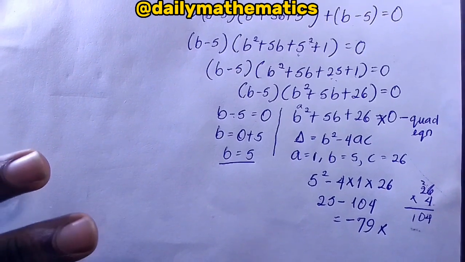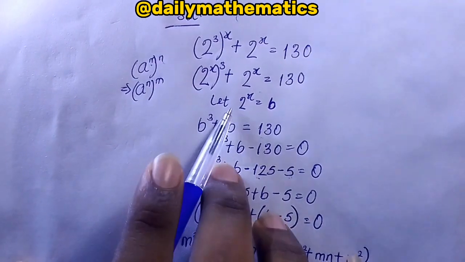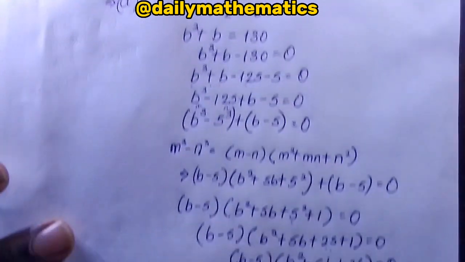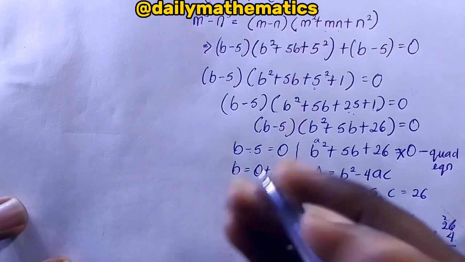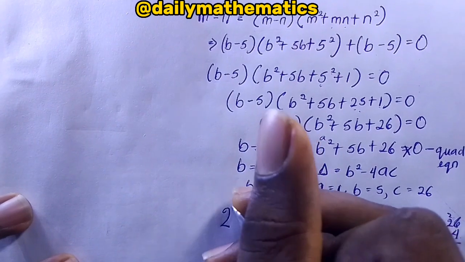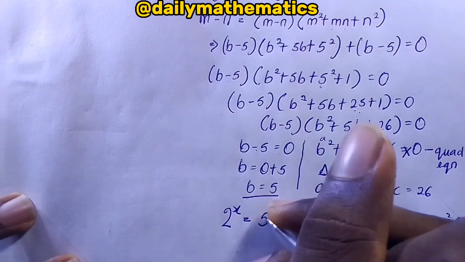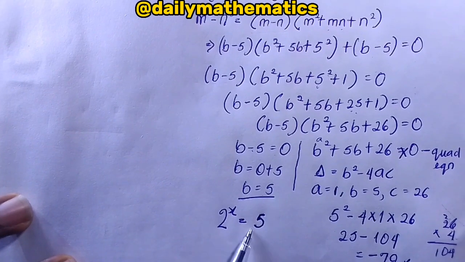Now don't forget that we said let 2 raised to the power of x equal b, and b is 5. So 2 raised to the power of x equals 5.